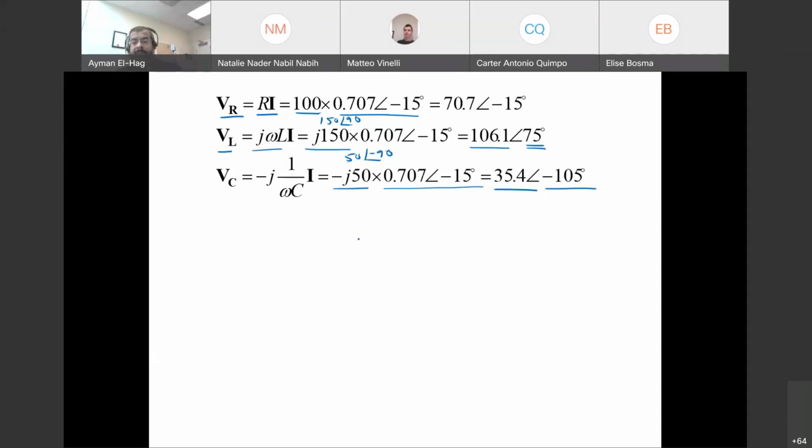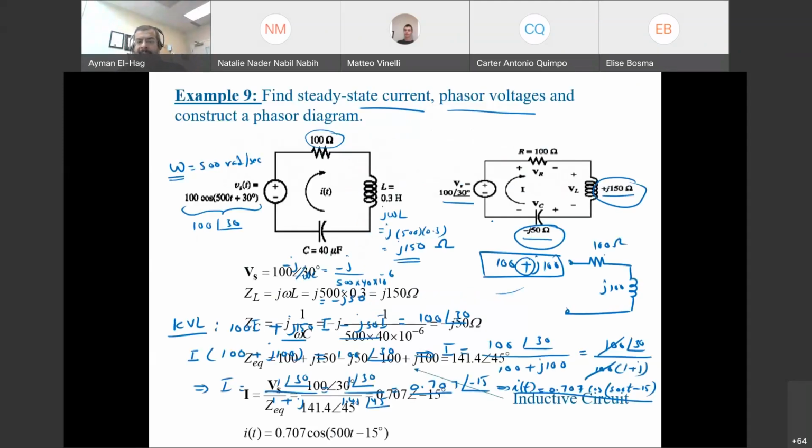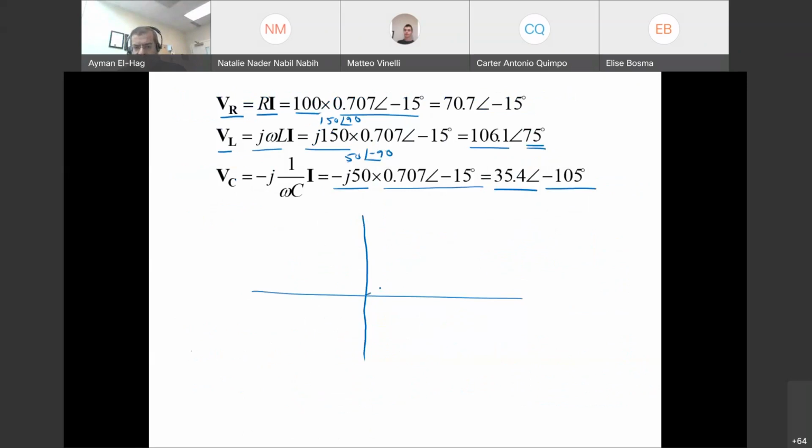To find our phasor diagrams. Basically, I don't need to draw it with different colors. Now you are getting the idea. So start with our basic voltage, the main voltage, which is Vs, the supply voltage, which is 100 angle of 30. So this becomes a vector here with an angle of 30. This is your Vs vector. Then you have your VR.